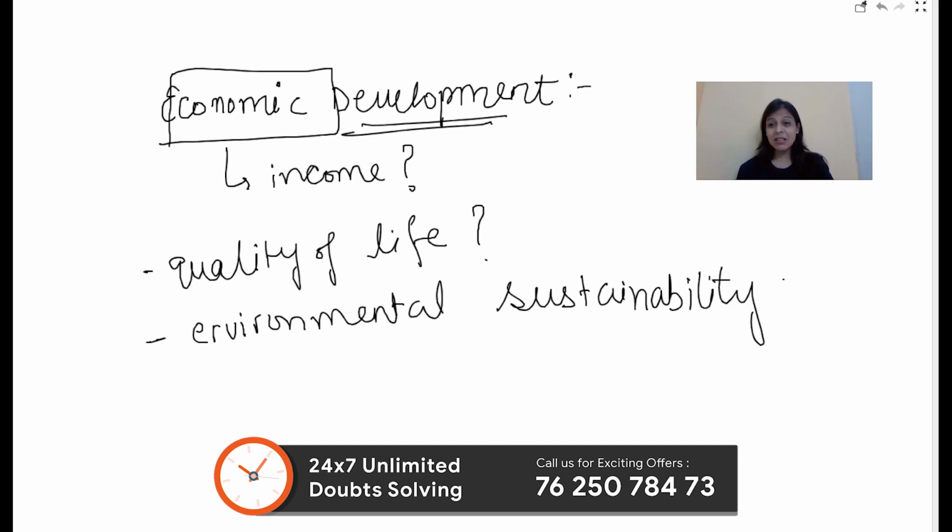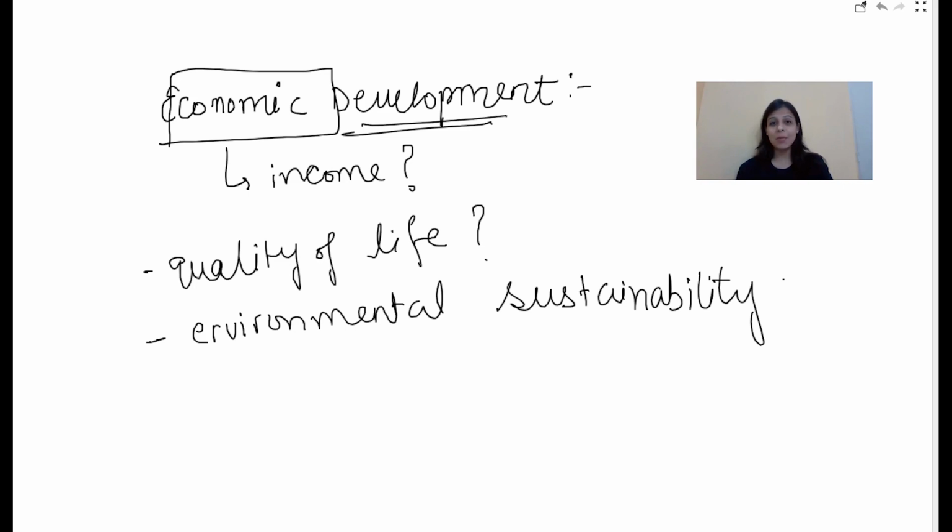I don't think these two aspects are covered when I talk about economic development. A country might be doing really great in terms of its GDP, in terms of its economic power, but that should not be at the cost of any other person or the people who are not doing that good in their life. They should not be exploited. Their quality of life should be the same as any other citizen in the country.